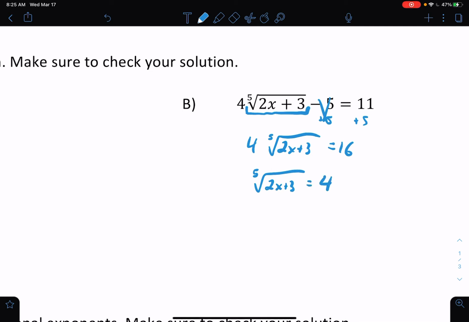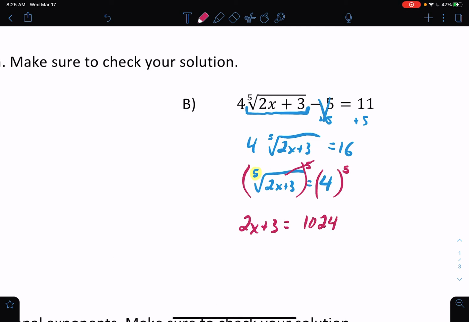All right, now we are going to raise both sides to the fifth power because we need to undo this root of 5. So that's going to cancel out the radical, leaving you just with 2x plus 3 equals 4 to the 5th. I don't know that off the top of my head, so I'm going to use my calculator. 4 to the 5th is 1,024.